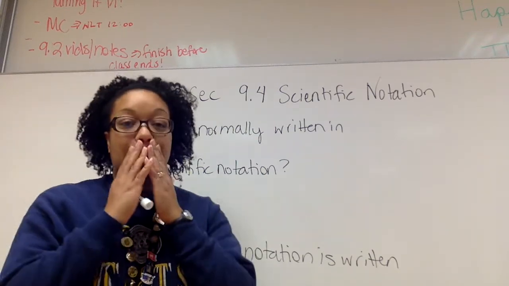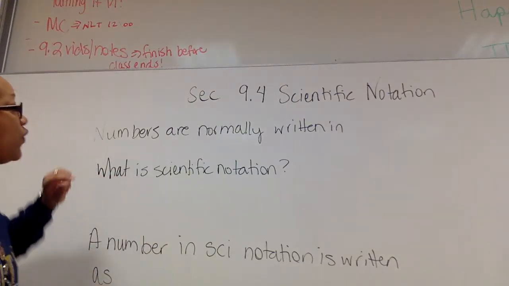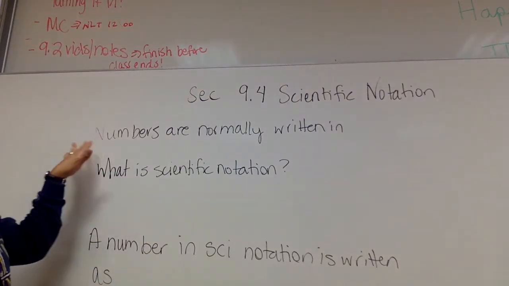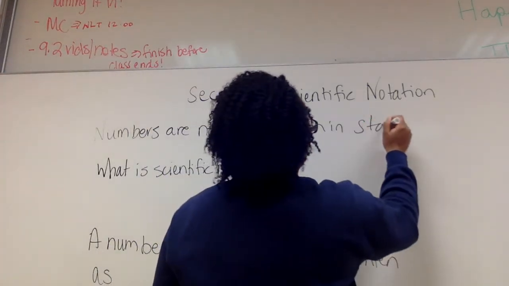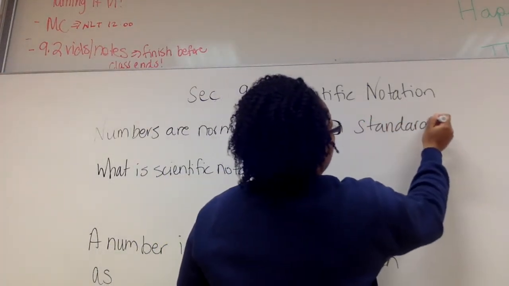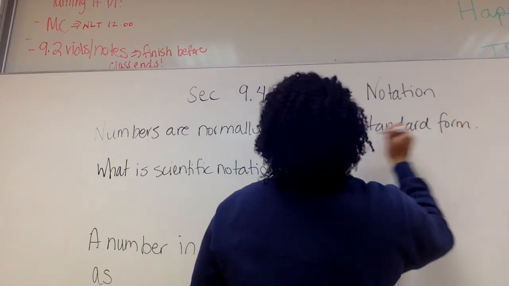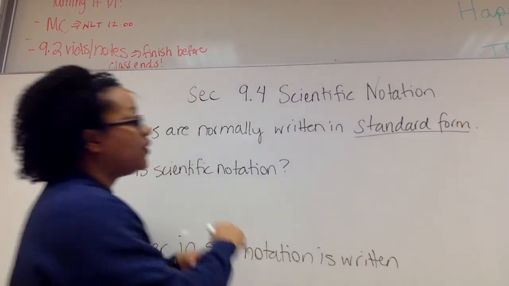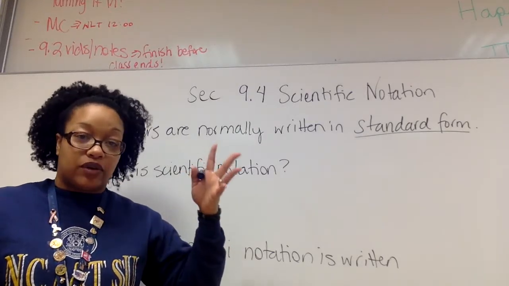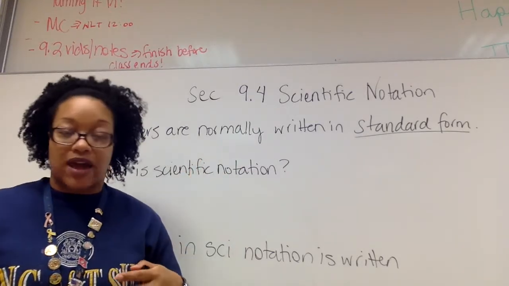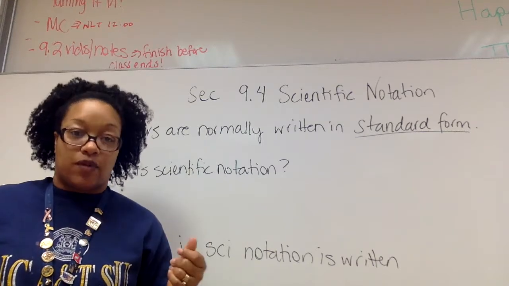So let's kind of break it down a little bit. First sentence on your notes: numbers are normally written in standard form. Standard form. So you may not have ever heard this term before, but that's okay. Up until now, probably most of the time when you're writing your numbers, and you have commas or decimals or fractions or whatever, that's written in standard form.